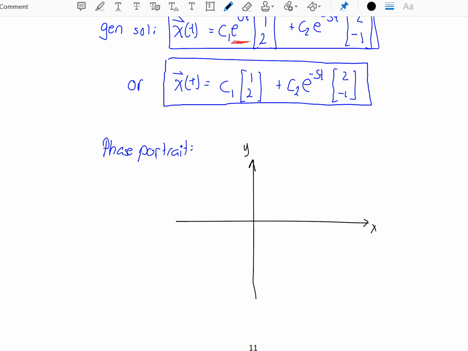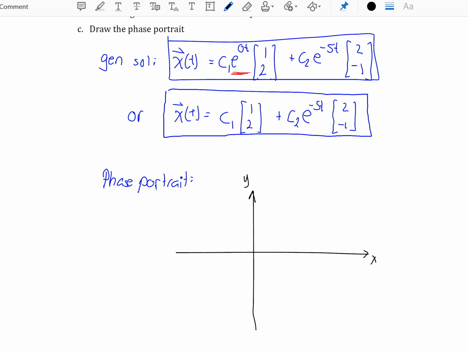And let's start by drawing our eigenvectors again. So one of our eigenvectors, 1, 2, goes 1 in the x direction and 2 in the y direction.